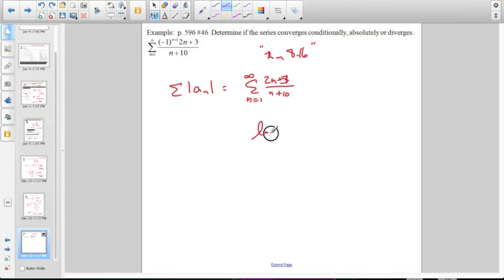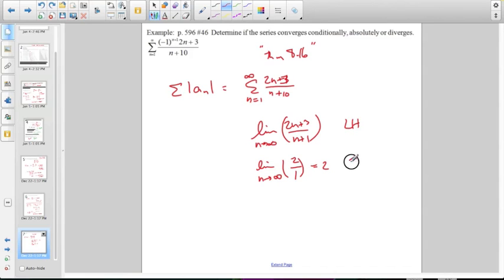So we're going to take the limit as n goes to infinity of 2n plus 3 over n plus 10. I'm going to do a L'Hopital's. That should be real quick. Taking the limit as n goes to infinity, take the derivative of the top, which is 2, the derivative of the bottom, which is 1, and so the limit is 2.